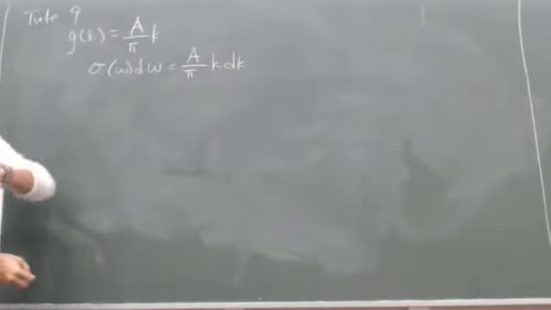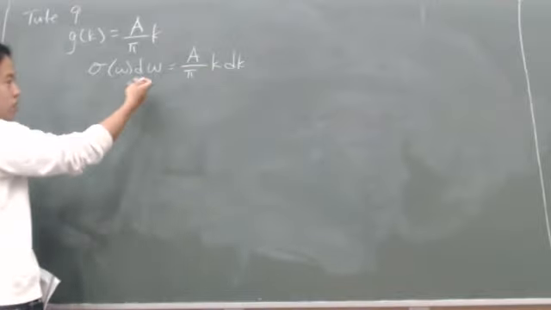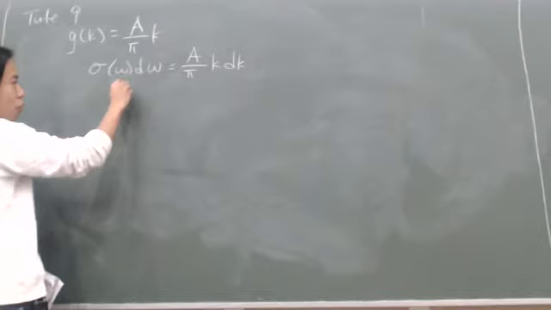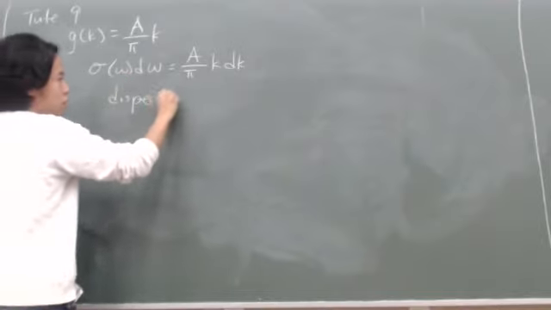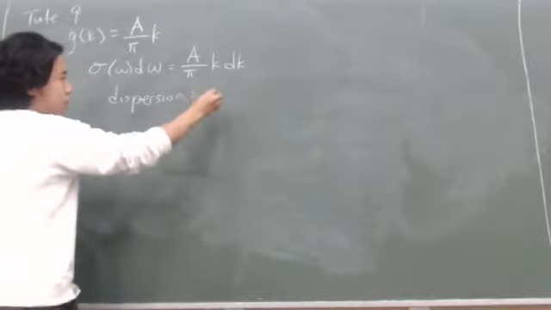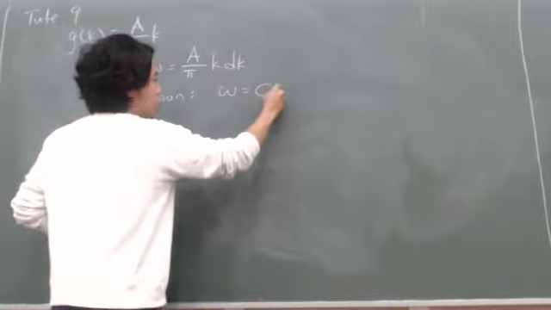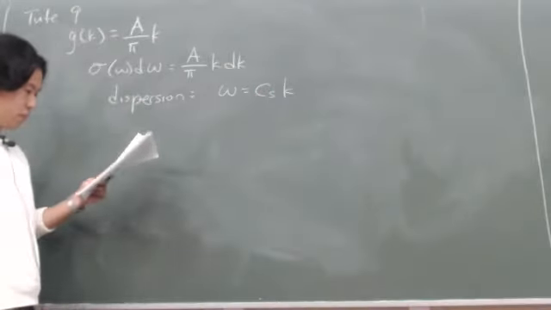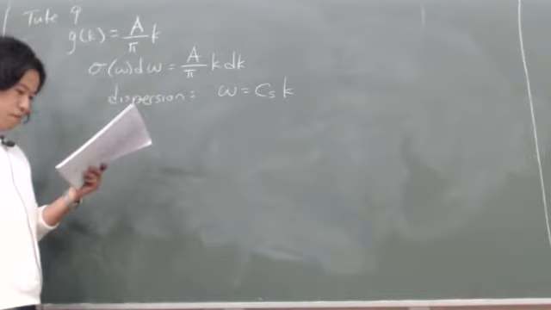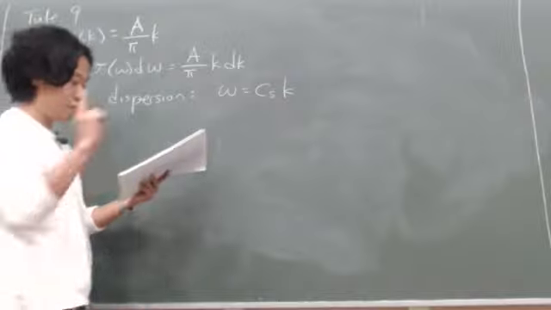Now we can do a change of variable to turn it into an omega integral, because we know the dispersion relation. In this case, omega is equal to the sound speed times k. Is that the right way around? I always get this wrong way around. Yes, I got it the right way around first go.